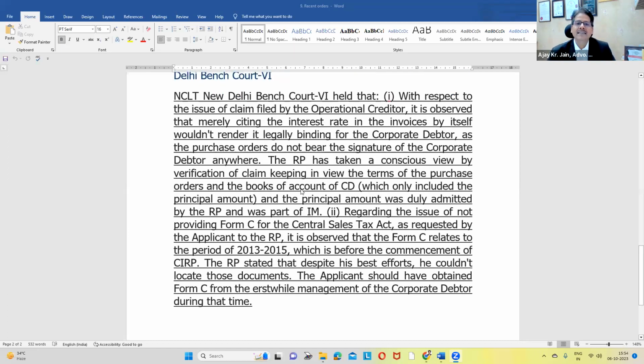The RP took a conscious view in verification of the claim, keeping in view the terms of the purchase orders and the books of accounts of the CD, which only included the principal amount. The principal amount was duly admitted by the RP and was part of the IM.